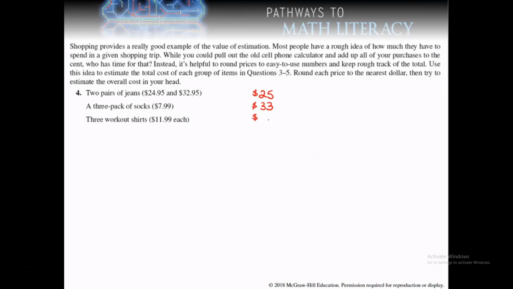It's just one pack that happens to have 3 pairs of socks in it. And we have 3 workout shirts at $11.99 a piece. So that's 3 shirts at about $12 a piece. So that's going to be about $36. So we have $25, $33, $8, and $36. And if we add those up, it comes out to about $102.